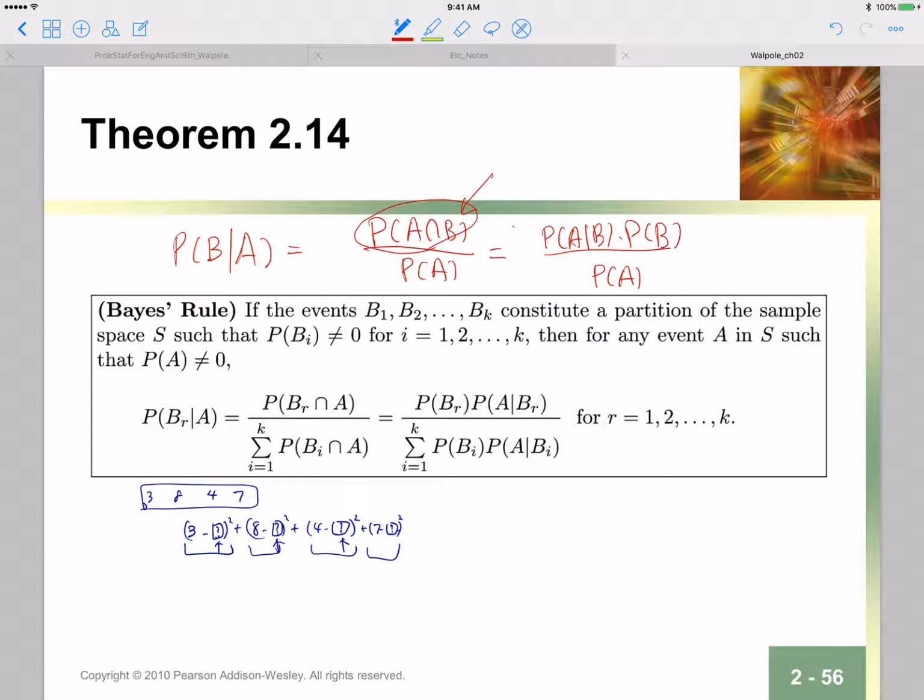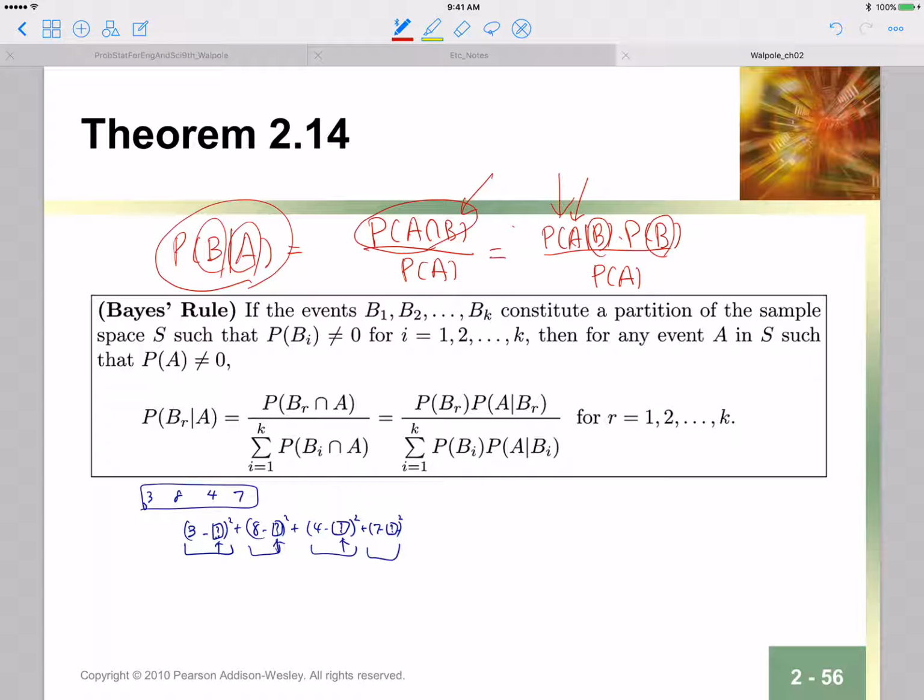First we generate B, and after B happened, we consider the situation where A happened. Compared to this guy, where A happened first and then B later on, in this probability we actually changed the order of A and B. So that's the practical advantage of utilizing this Bayes rule.